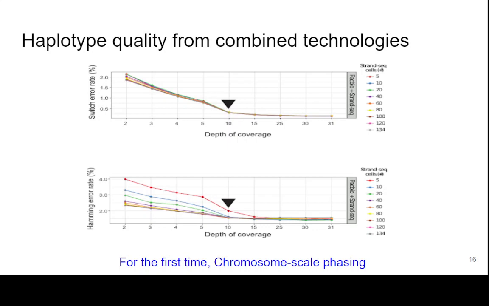And we observed that we could produce less than 0.5% of switch error and about 1% of Hamming error. So this study shows us that by combining long-range and long reads, in the space of the reference genome, we can now produce chromosome-scale haplotypes, but excluding those centromeric regions.